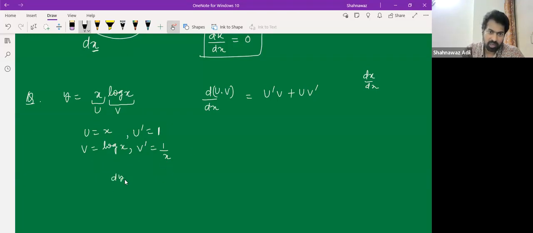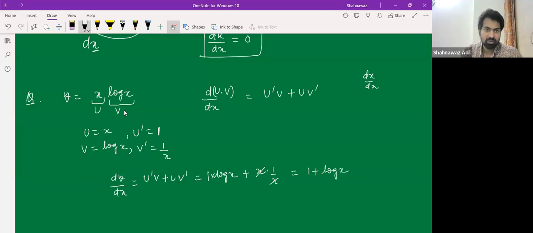So dy by dx is u dash v plus u v dash. So u dash is 1, v is log x, plus u is x and v dash is 1 by x. So this cancels out and we have 1 plus log x. So you see that differentiation of x log x gives 1 plus log x.